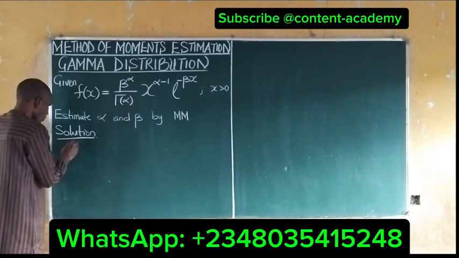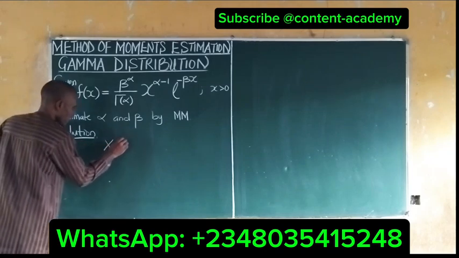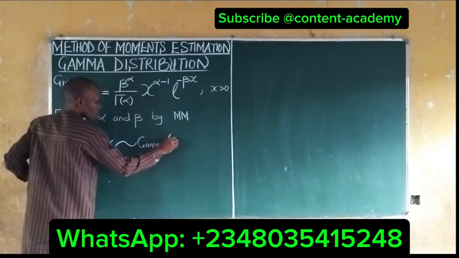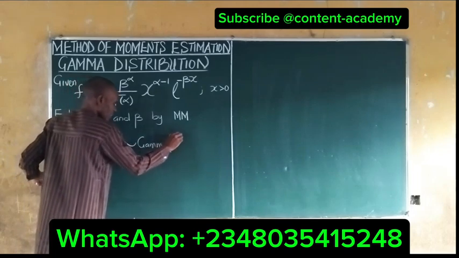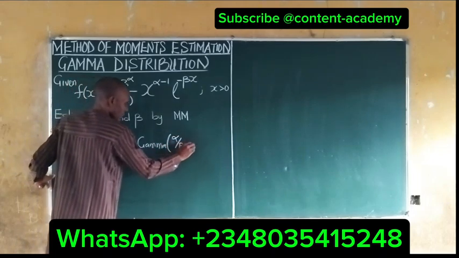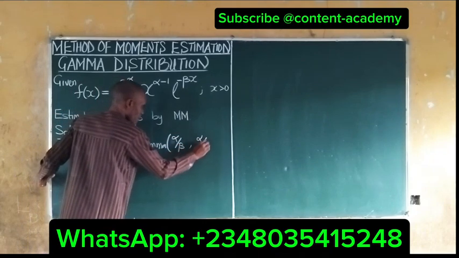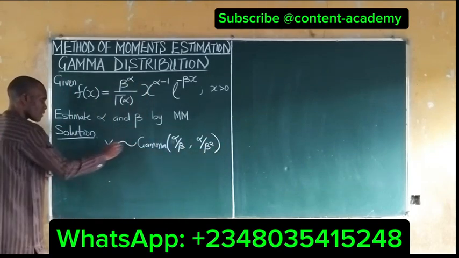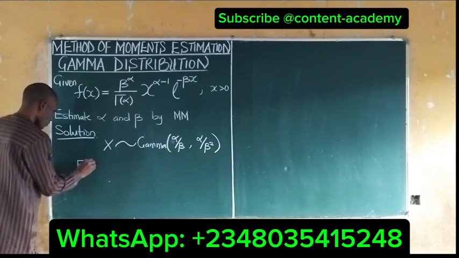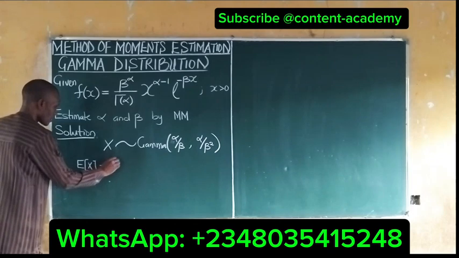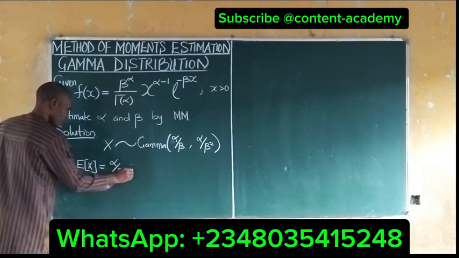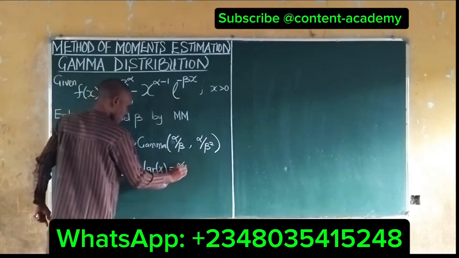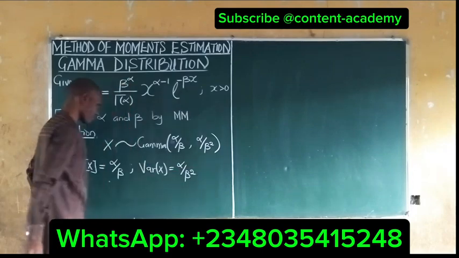We should recall or we should note that if x follows a gamma distribution, we have the mean as alpha all over beta, and the variance to be alpha all over beta squared. So what this simply means is that our expectation of x, which is the mean, is alpha all over beta, and the variance of x is equal to alpha all over beta squared.